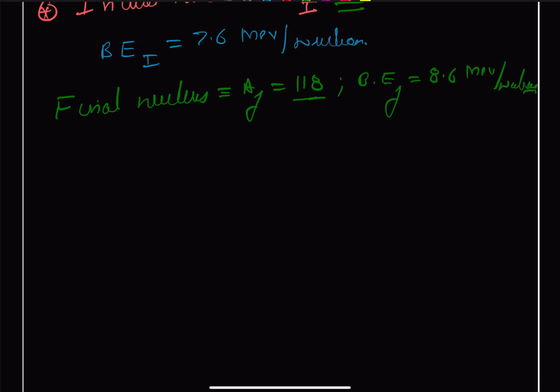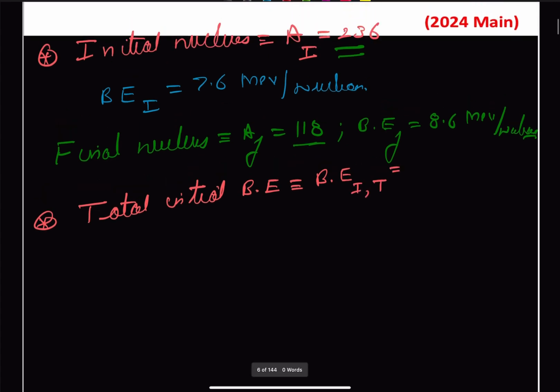So let's find out the initial total binding energy. Binding energy initial total will be equal to 7.6 multiplied by 236.